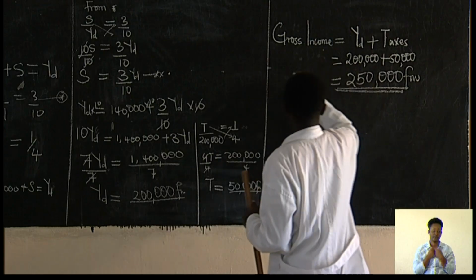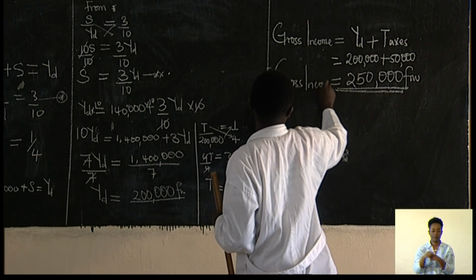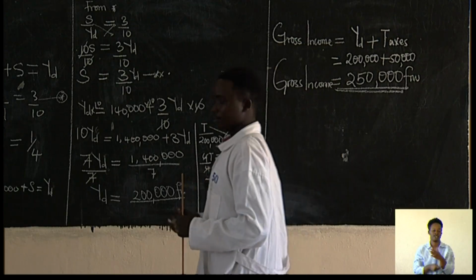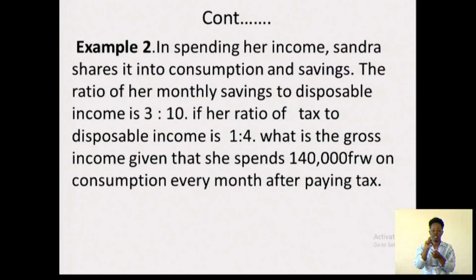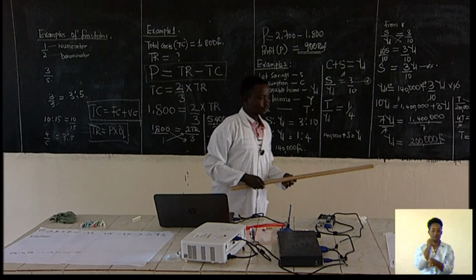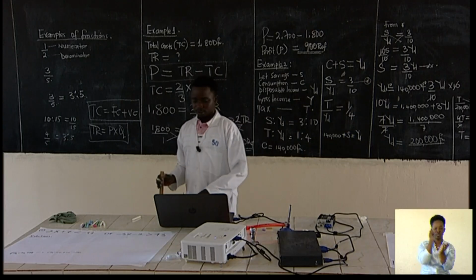So this is your gross income before taxes are taken away. So you can see how we can apply ratios in economics by following this example 2 that we have worked out.